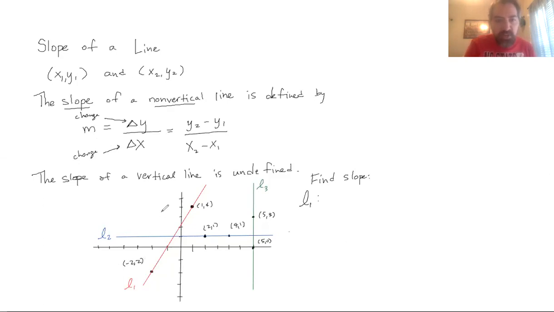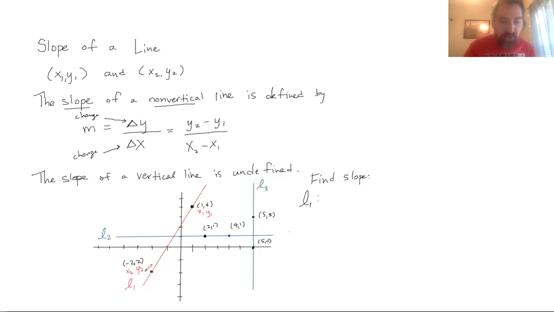And so we first need to determine which one will be x1, y1, and which one will be x2, y2. It really does not matter which one comes first, as long as you are labeling the first number in each ordered pair as the x value, and the second number as the y value. So just because it doesn't matter, let's call this point x1, y1, and this one x2, y2.